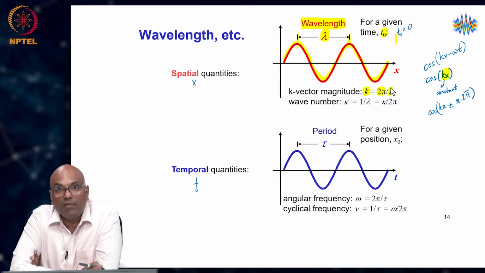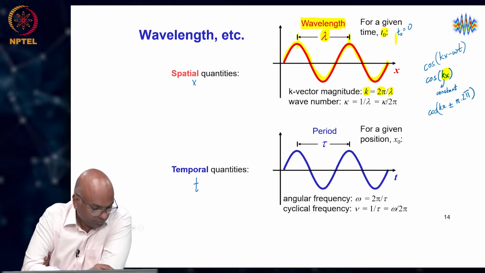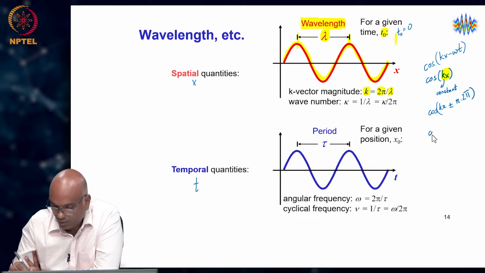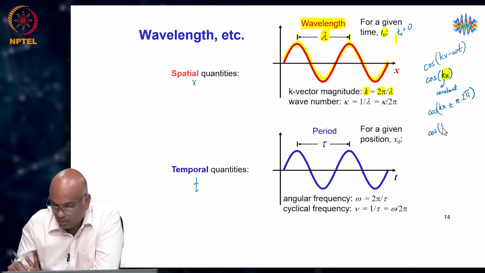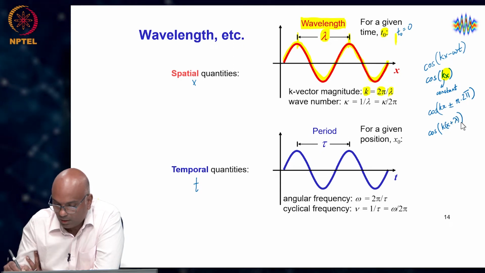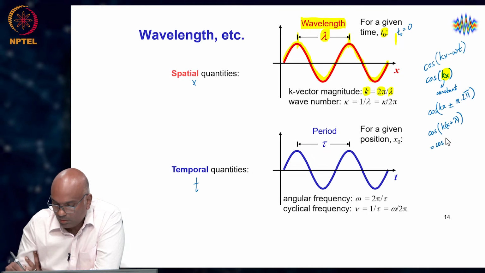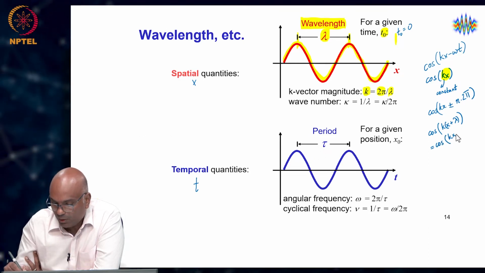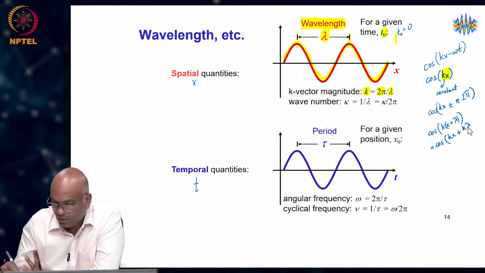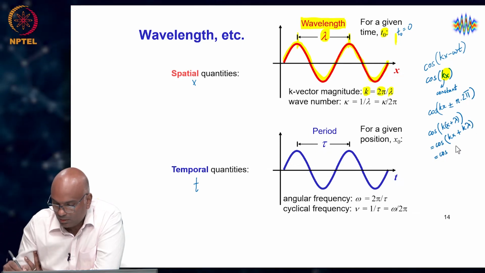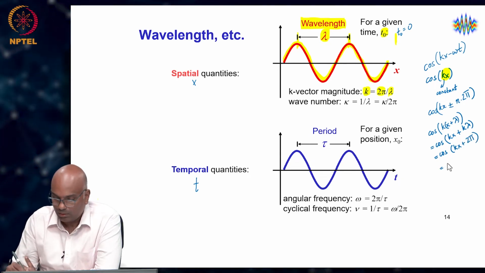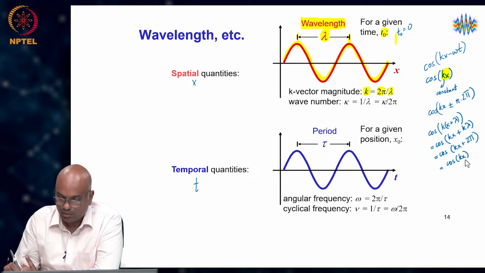That is to say, every time x goes from x to x plus lambda, the periodicity manifests itself because k multiplying lambda is just 2 pi.